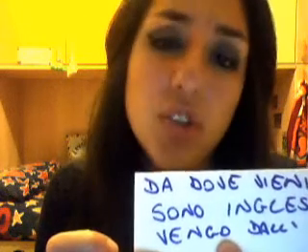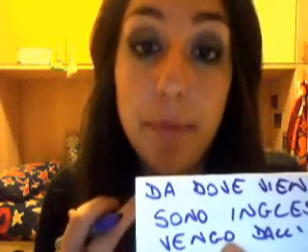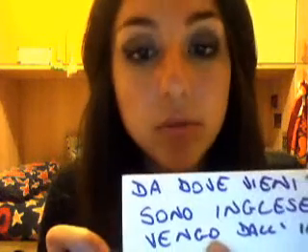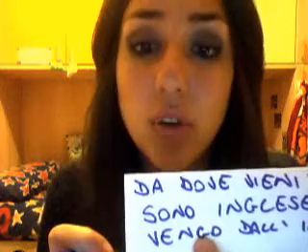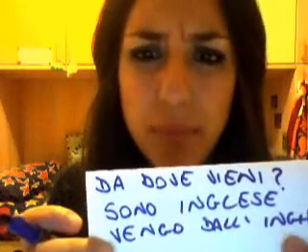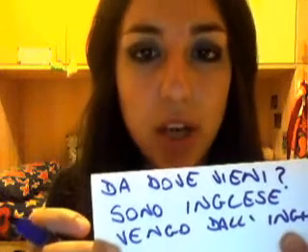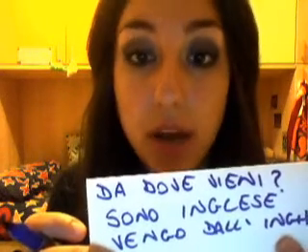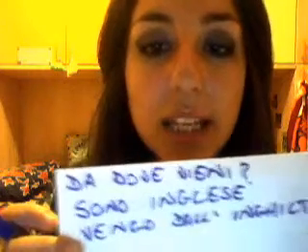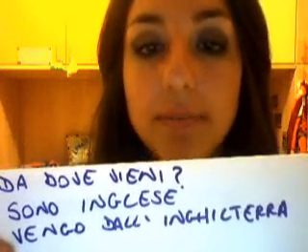Vengo, so it is me, I come. Io vengo, but in this case just vengo. Da is a preposition, it is from. I will explain later why I'm putting the apostrophe and the double l. It's just to tell you how it's written now. Dall'Inghilterra is I come from England, for instance.